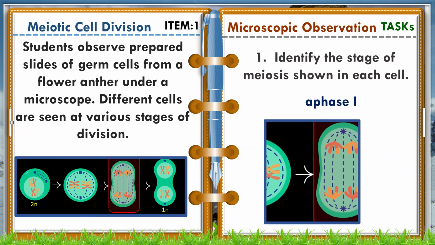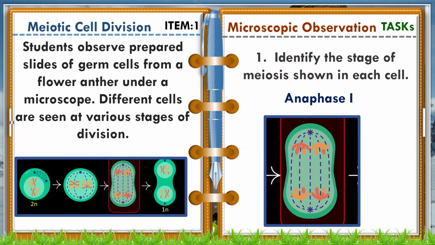We have another one, and this is anaphase 1, this stage here. The homologous chromosomes are separating and they are moving towards opposite poles.